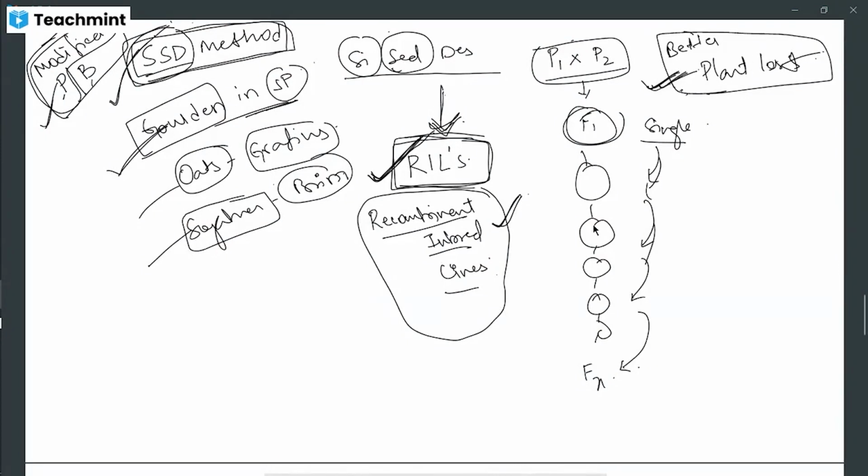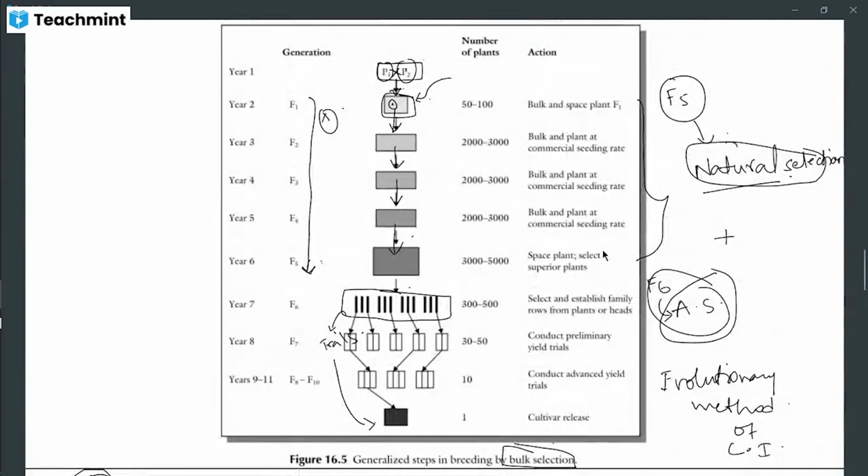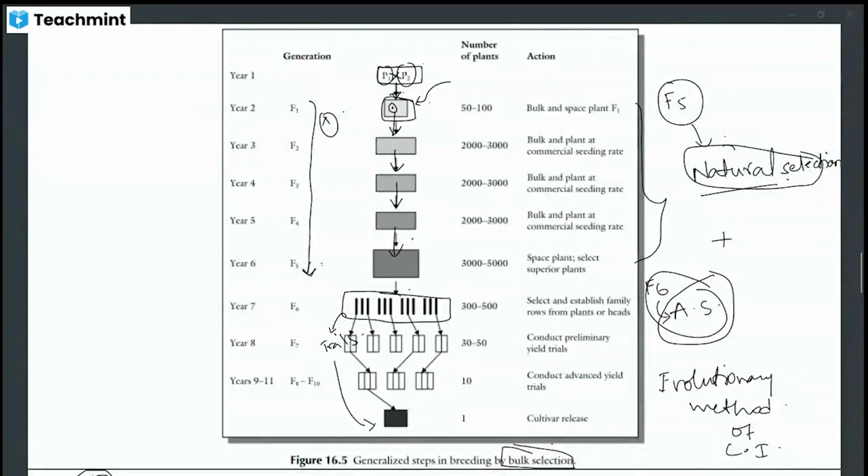Is it okay about the bulk method and the single seed descent method?